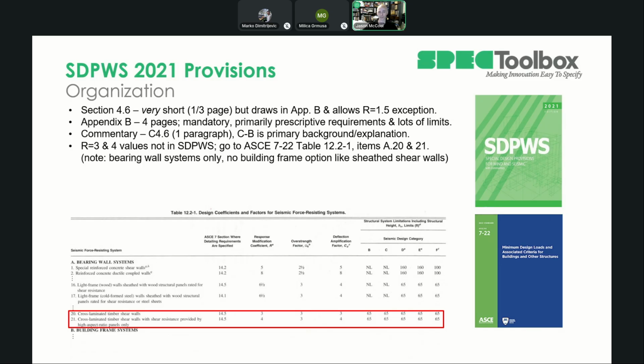You can see they're shown there. They're all limited to 65 feet, all seismic design categories. And just note that these are only bearing wall systems. There's no option for building frame like you'd have with a typical wood sheathed shear wall.